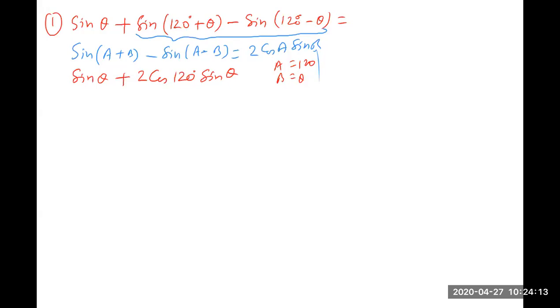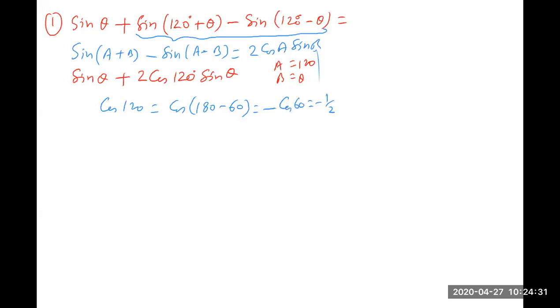So cos 120 is how much? Cos 120 is equal to cos 180 minus 60. Second quadrant negative, minus cos 60, which is equal to minus half.